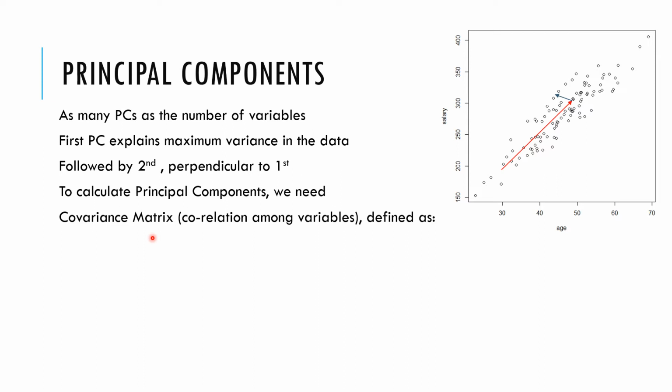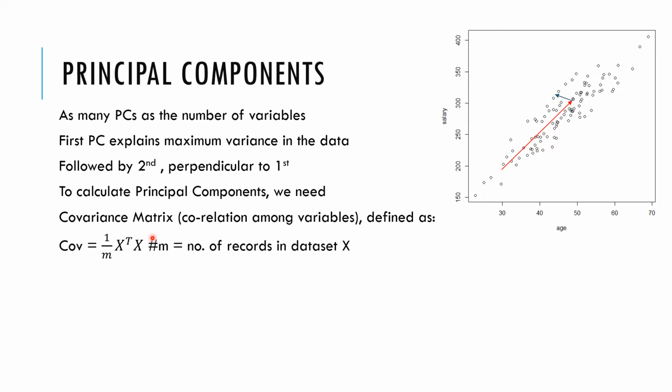If the value of the second variable also increases, that means they have a positive covariance. If the value of the second variable decreases, that means they have negative covariance, right? So if one increases and the other one increases, or one decreases and the other one also decreases, then they have positive covariance. If both are moving in opposite directions, that means one increases and the other one decreases, then negative covariance.